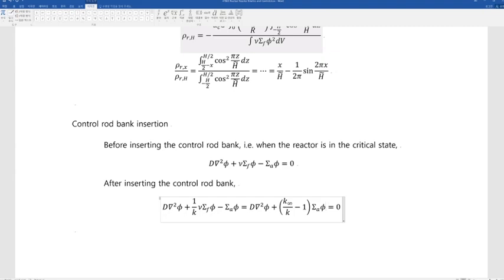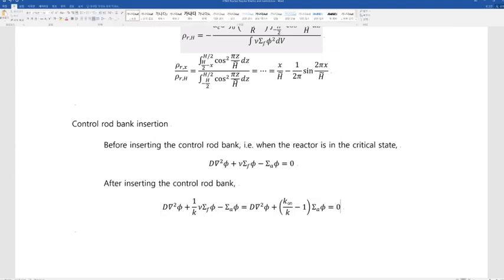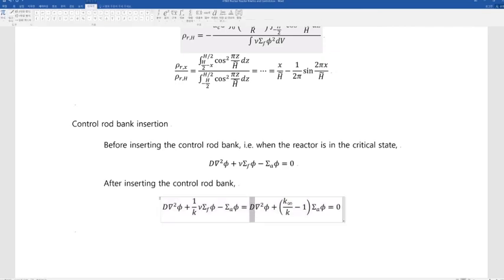So of course we are going to divide each term with D and try to find the solution for this. In case of one group solution, if we divide sigma a with D, we are going to have 1 over L squared.